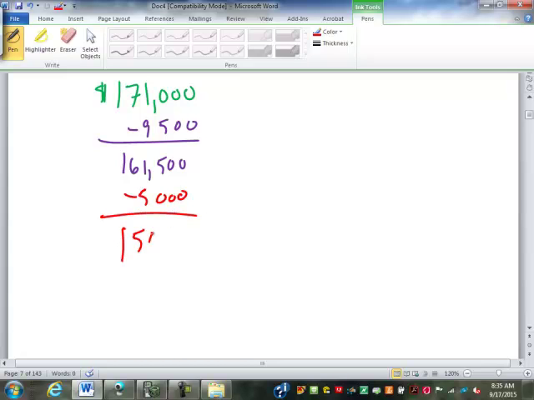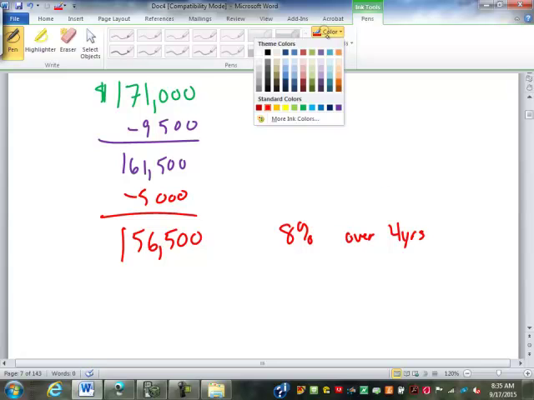So $156,500 is what he's financing. So he's going to finance the balance at 8% over 4 years. Find the monthly payment.